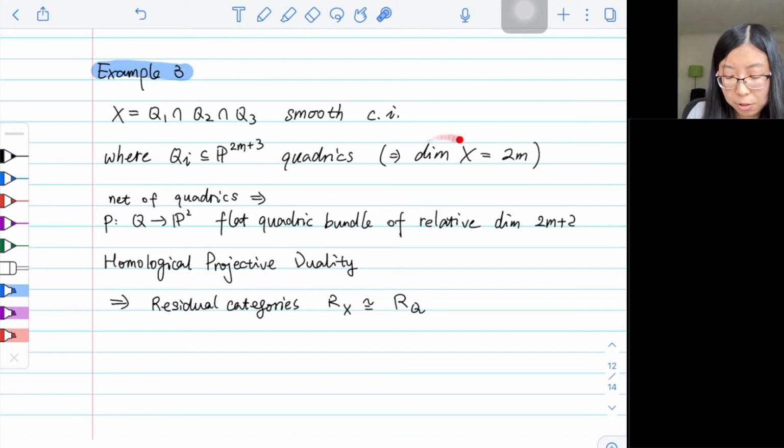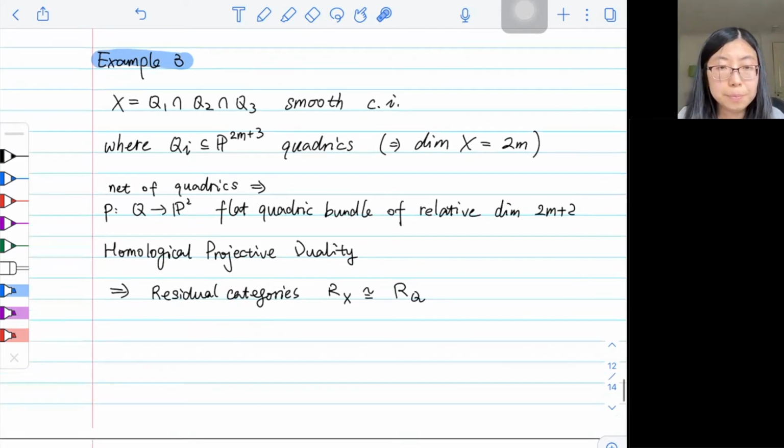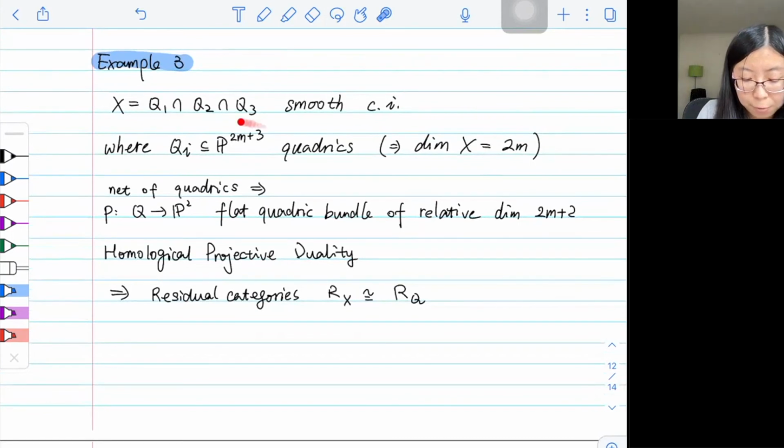This means that the dimension of X is 2m. So you have these three quadrics that give you the complete intersection. They also give you a P2 family of quadrics. So the net of quadrics will give you a flat quadric bundle of relative dimension 2m plus 2.